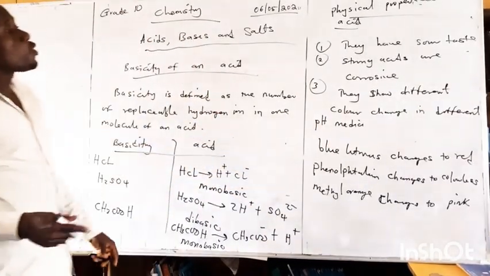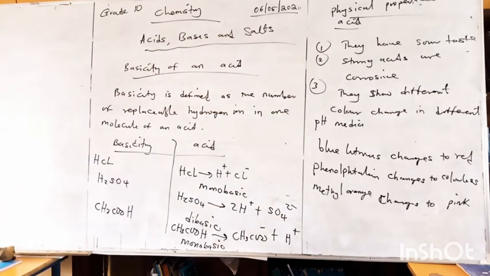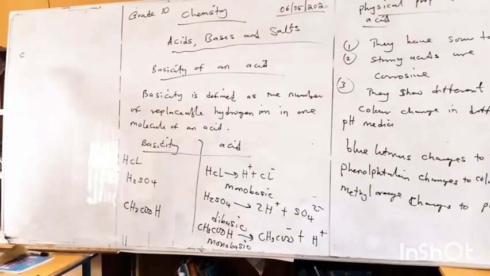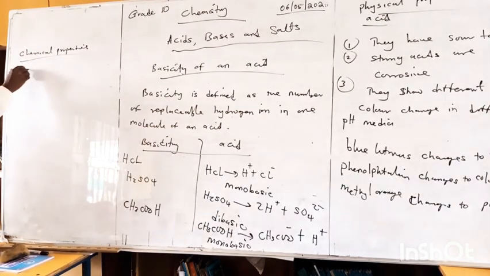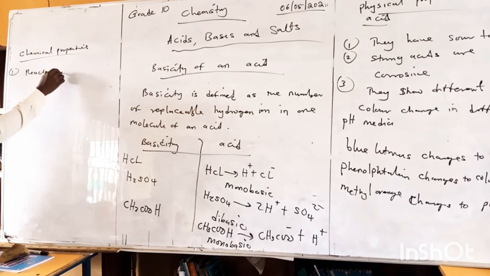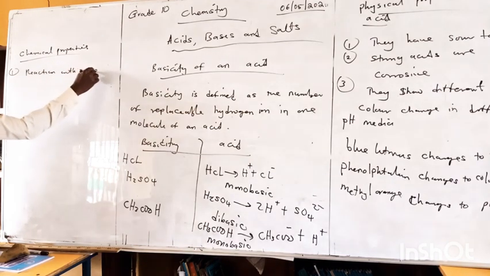Now let's look at the chemical properties of acid. Let's start with the first one. Number 1, reaction with metals.